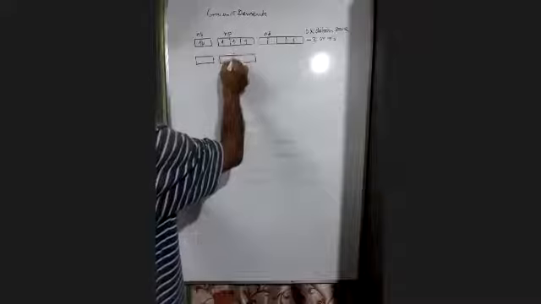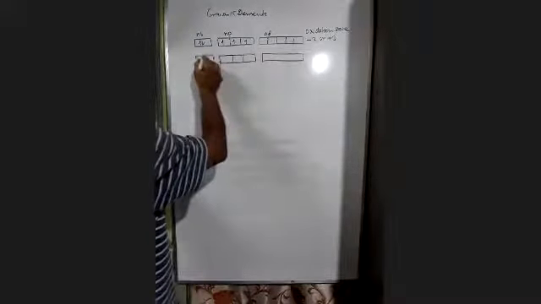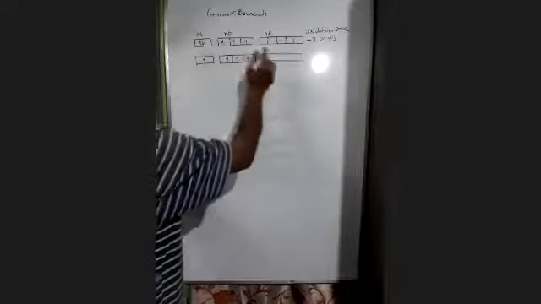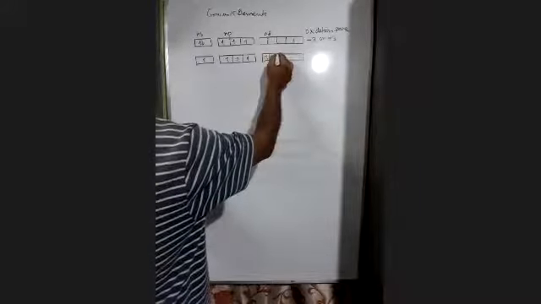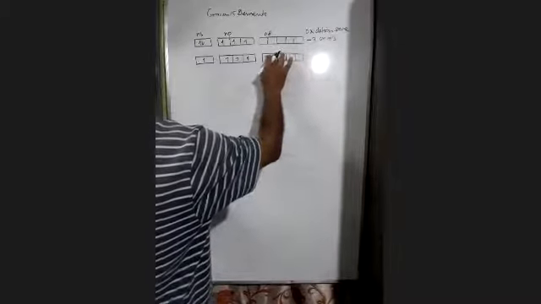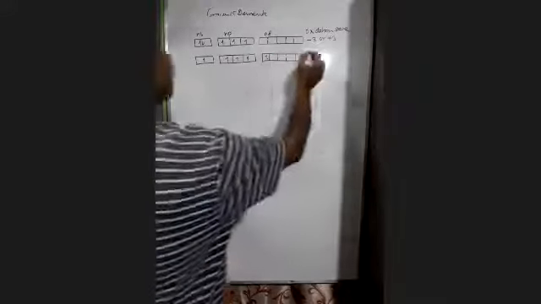But if the inert pair effect is less, what will happen? See here, this electron from here can go here. So how many unpaired electrons do you have? 5. So this is plus 5.